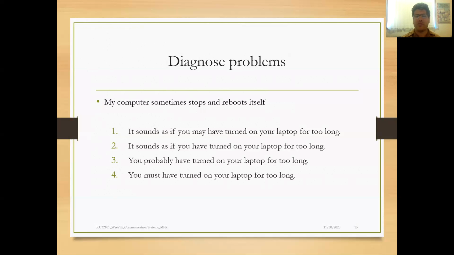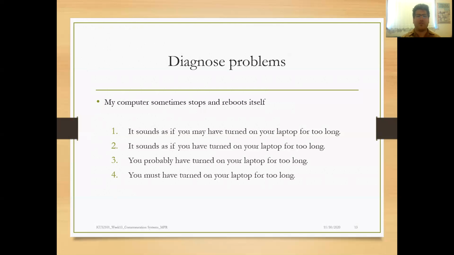So my computer sometimes stops and reboots itself. It sounds as if you may have turned on your laptop for too long. It sounds as if you have turned on your laptop for too long. You probably have turned on your laptop for too long.